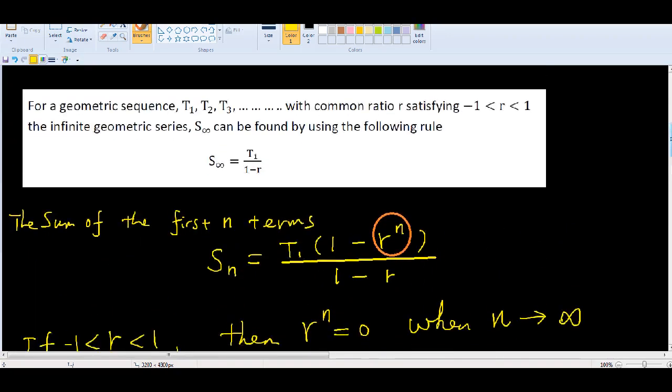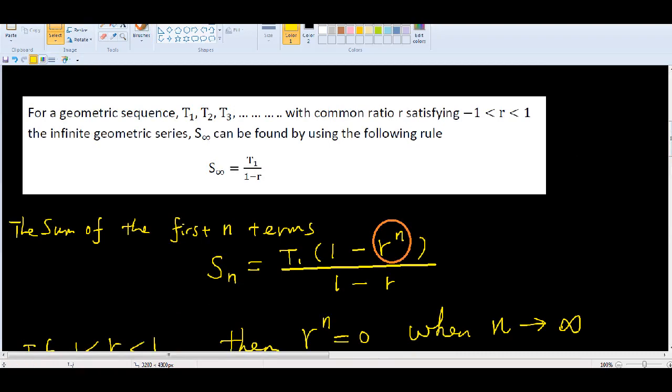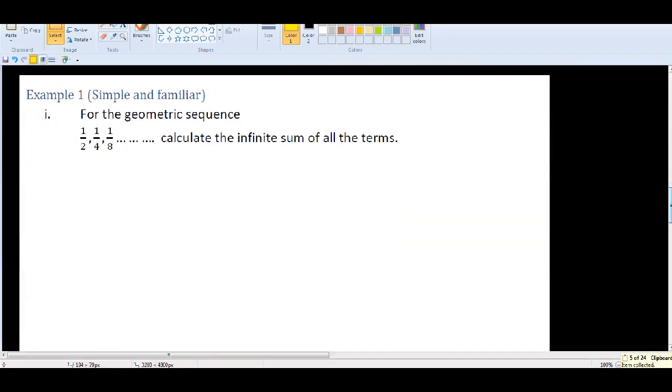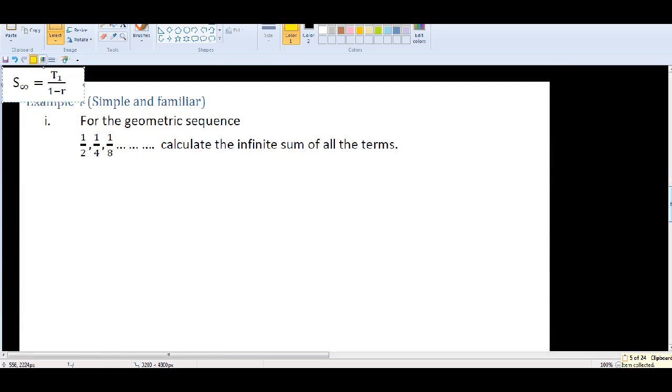Right, so let's apply this fresh formula to our questions. Let me put this formula right here as a reference. For the first one, for the geometric sequence 1/2, 1/4, 1/8, calculate the infinite sum.